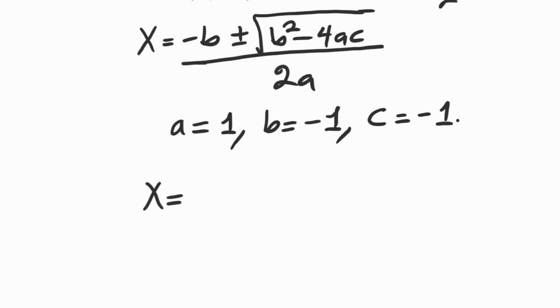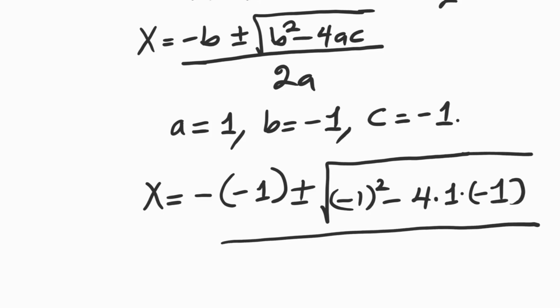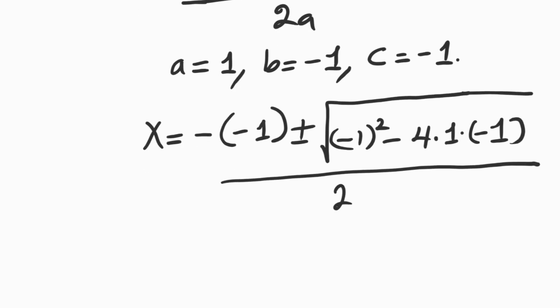And this becomes minus into minus 1, because b is minus 1, plus or minus square root of b squared minus 4, a is 1, c is also minus 1, all over 2 times 1.